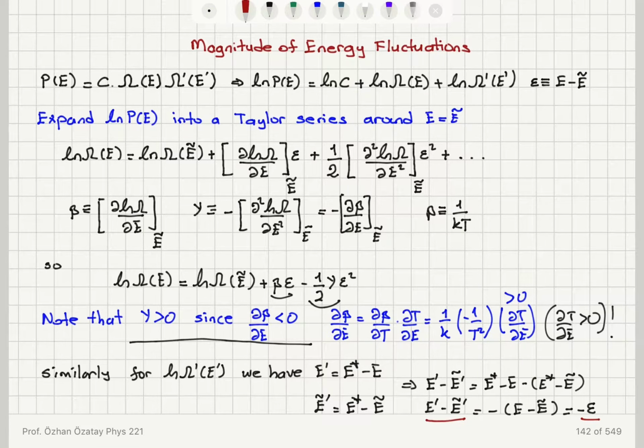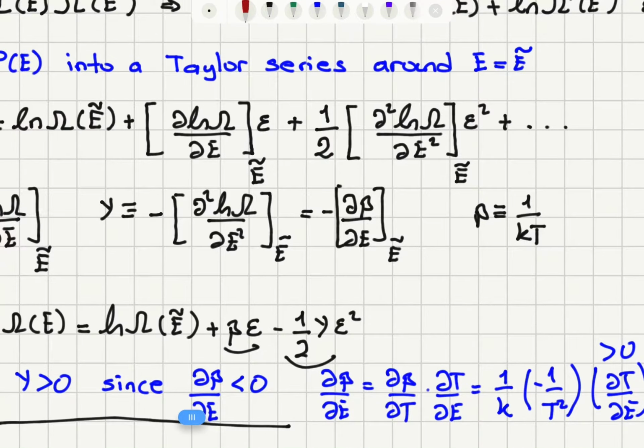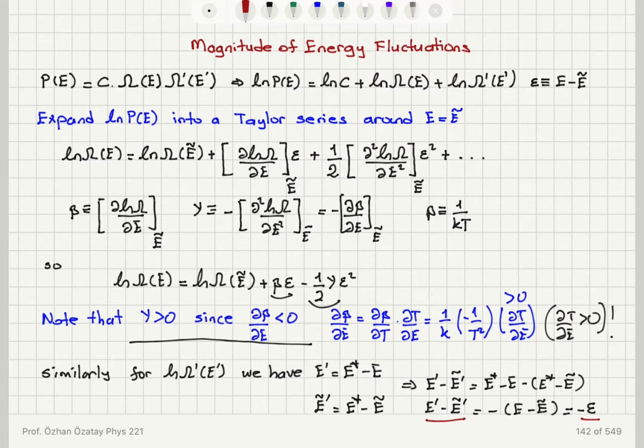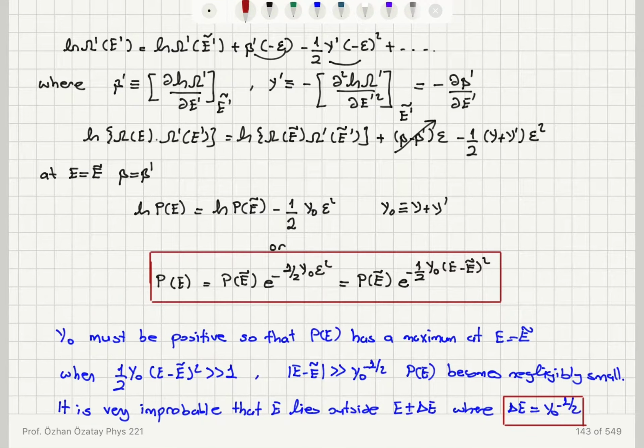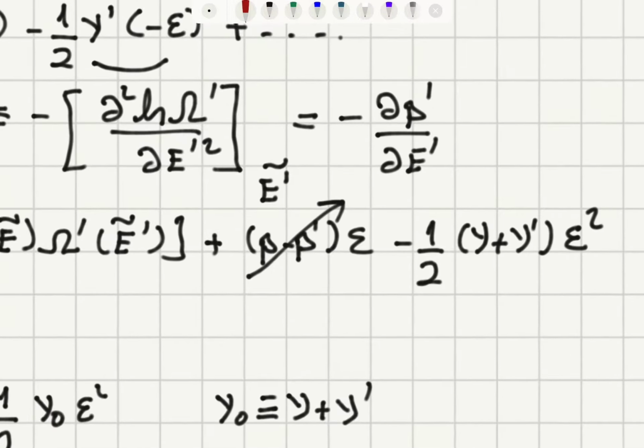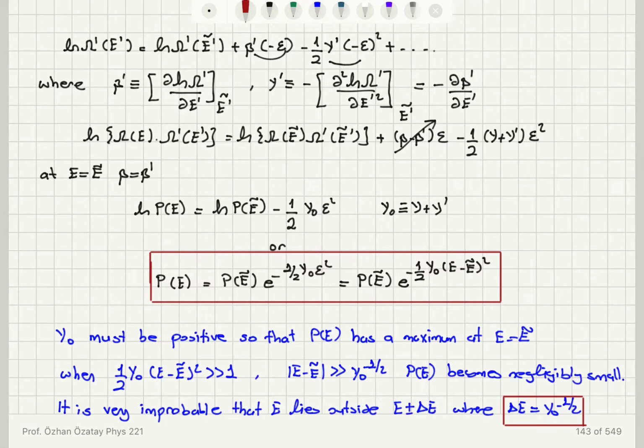We have the probability distribution that is expanded into a Taylor series around this value, where we have defined gamma as minus del beta del E at the most probable energy, and gamma prime is basically minus del beta prime del E prime at the most probable energy.